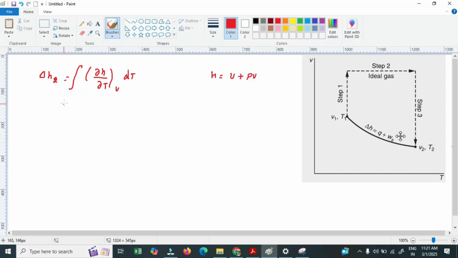I'm rewriting this equation, and I'll be getting integral of d of U plus PV divided by dT under constant volume into dT.